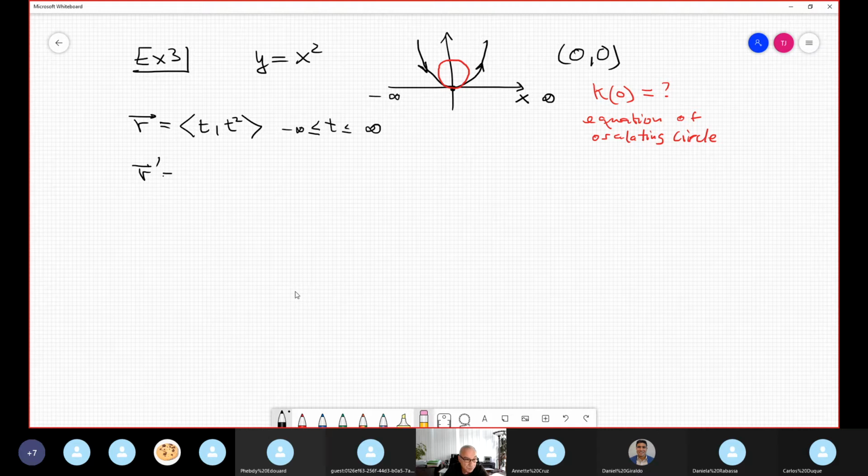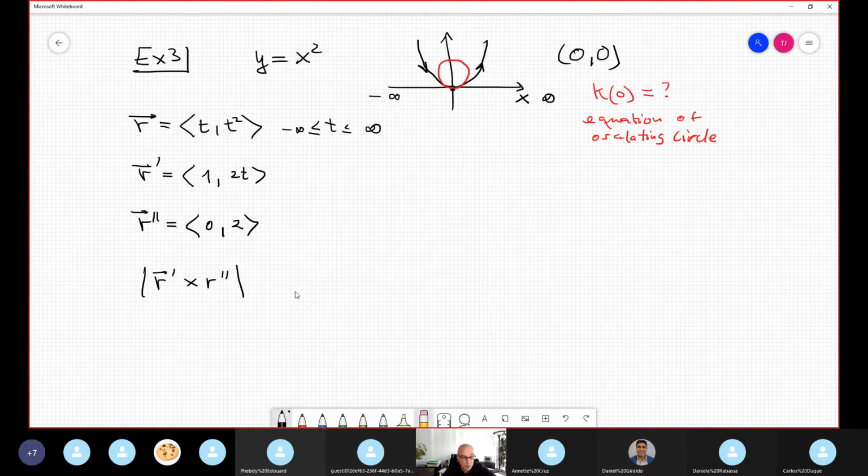First derivative: the derivative of t is 1, and the derivative of t squared is 2t. And the second derivative is 0 and 2. And we compute the famous magnitude of the cross product. Are we using the cross product, or the formula? I have the formula here.